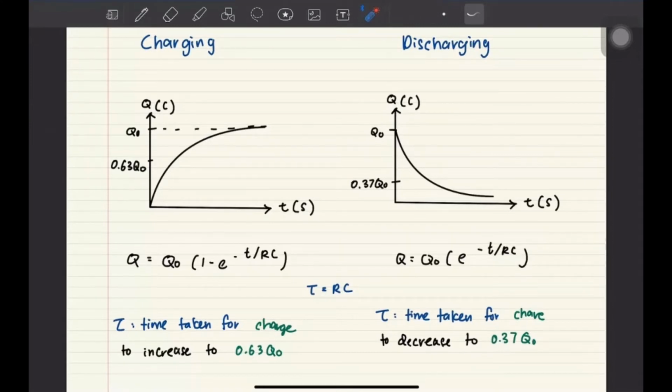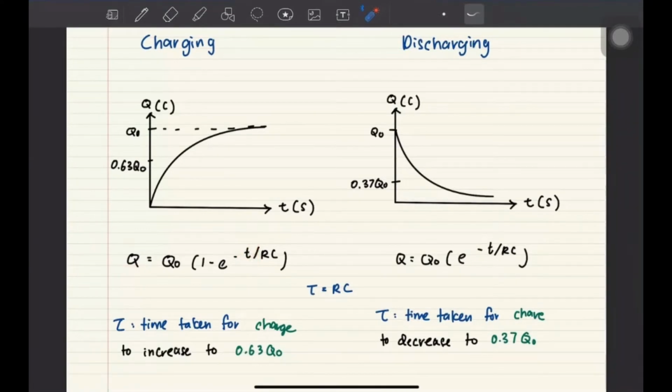Okay, equation dia ada few equations. Ini sebab this is a exponential graph. So kamu expect kamu punya equation ada exponential juga. Okay. Equation ni dia cerita apa? Dia cerita pada certain time, at one particular time, ataupun at instantaneous time, what is the values for Q?